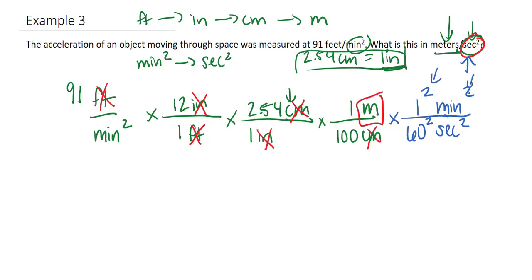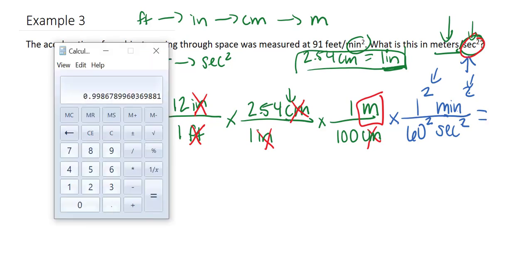So now we can go ahead and solve by using a calculator. So we'll get our calculators out. We start out with 91. Then we're going to times 12 times 2.54. And then we can just go times 1, which will be 2,773.68.